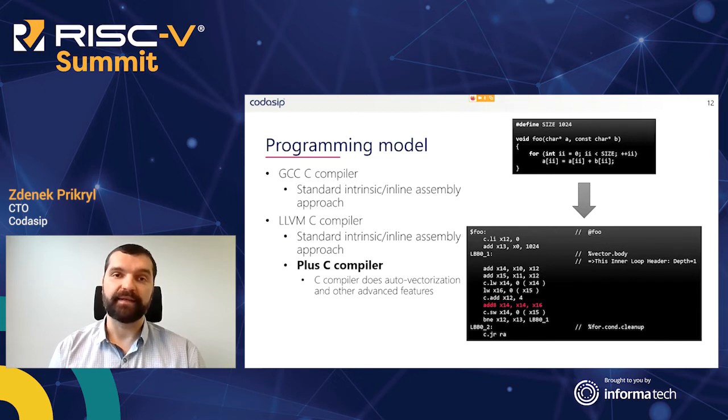And this is exactly what I'd like to announce right now: we do have an LLVM C compiler that is able to do auto-vectorization of C that uses the P extension. On the right side you can see an example of C code. It's a simple foo function that takes two arrays and does some addition.